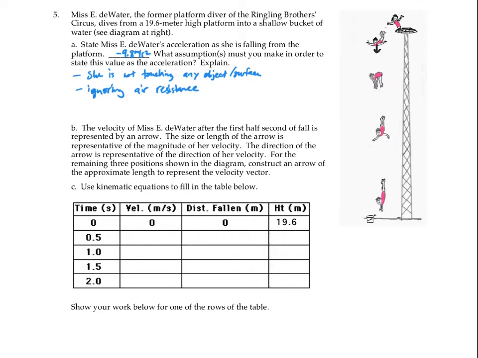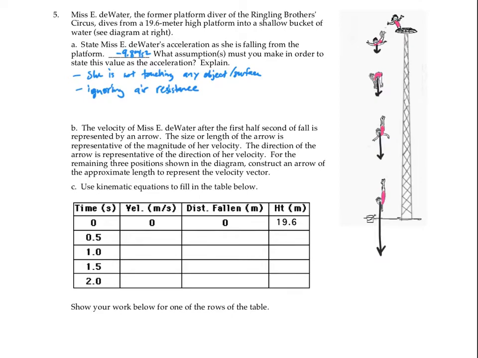Well, her velocity is going to increase in the negative direction, so I should still put my arrows down, but they should progressively get longer and longer to represent that velocity is increasing downward.